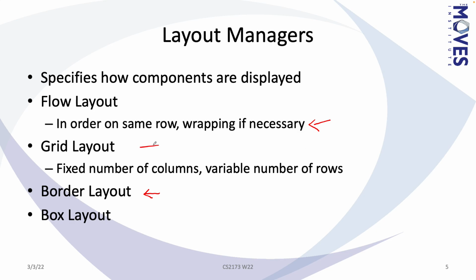Another layout is something called a grid layout, and there, think of a table or a spreadsheet, where you typically fix the number of columns and the number of rows. It'll keep adding stuff as long as it can. And again, in the grid layout, it will tend to be kind of big.